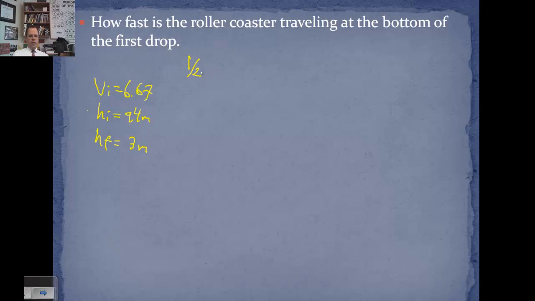So we're going to use conservation of energy: 1/2 m v initial squared plus m g h initial equals 1/2 m v final squared plus m g h final. We don't know the mass of the roller coaster, we'll leave that as m.